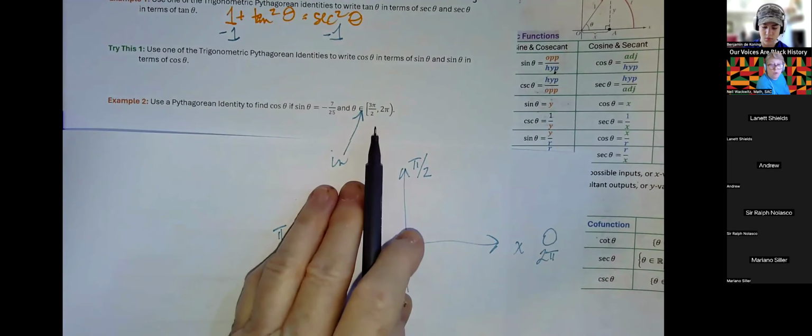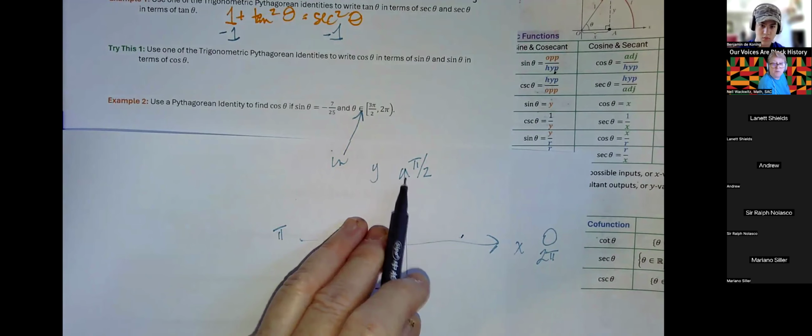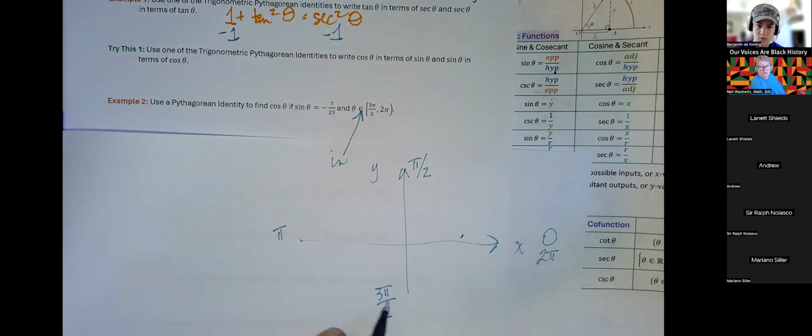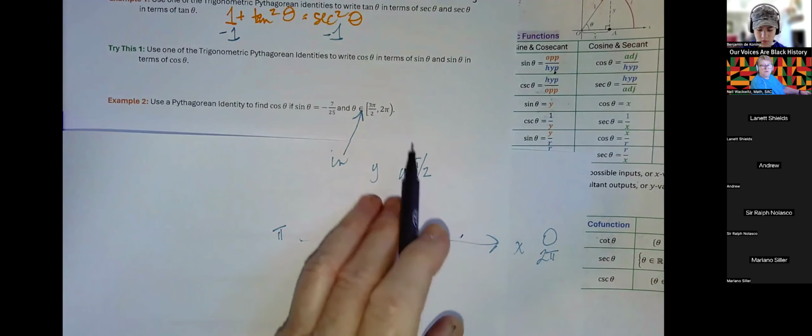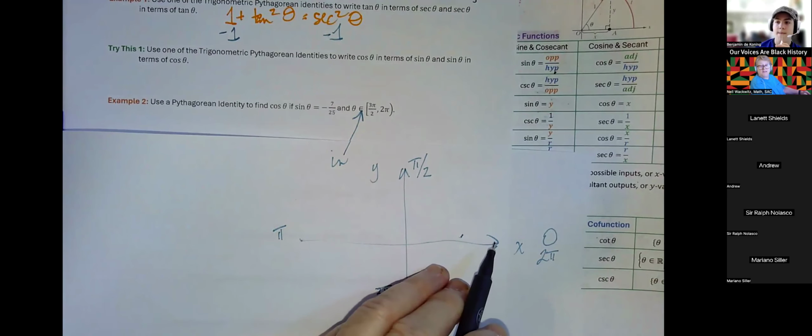We're going to consider a quadrant as a starting place and almost going to an ending place. So for this one, we're starting at 3 pi over 2, and we're going almost to 2 pi, but not including 2 pi. If we wanted to indicate that we're using 2 pi as well, then we would have to say we're in quadrant 1. So the beginning of the quadrant is included, the end is not included by definition.